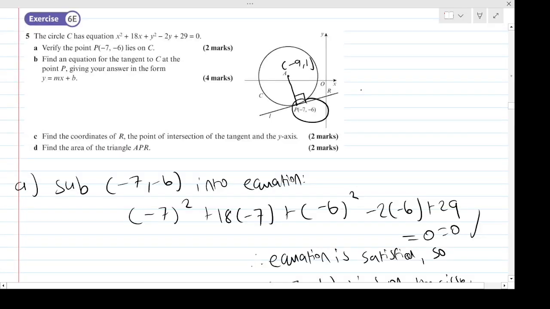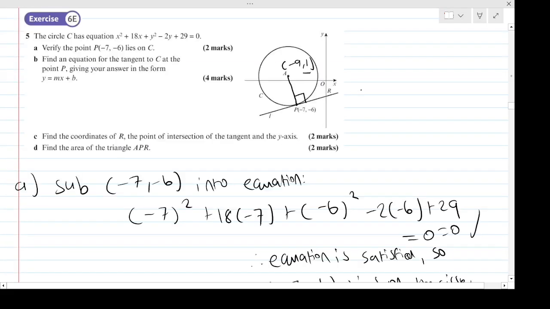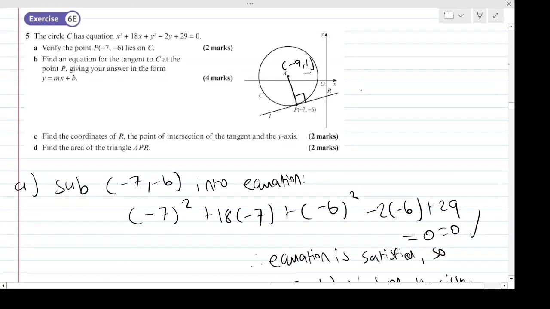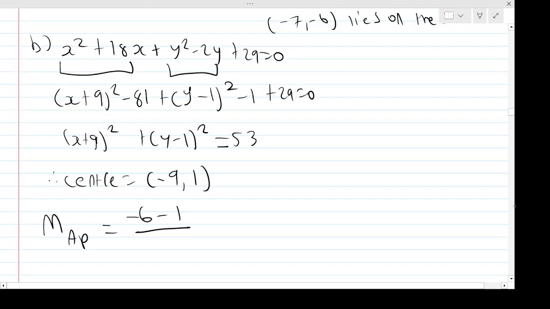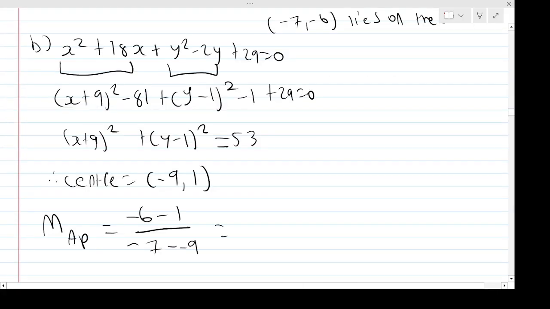P is minus 6 for y, take away the y value at A, which is take away 1. Then for change in x, we do minus 7 from P, then take away the x value at A, which is minus 9, so take away minus 9. That gets me minus 7 over minus 7 add 9, which is plus 2, so I think that's it, minus 7 over 2. I don't think you can simplify that any further.